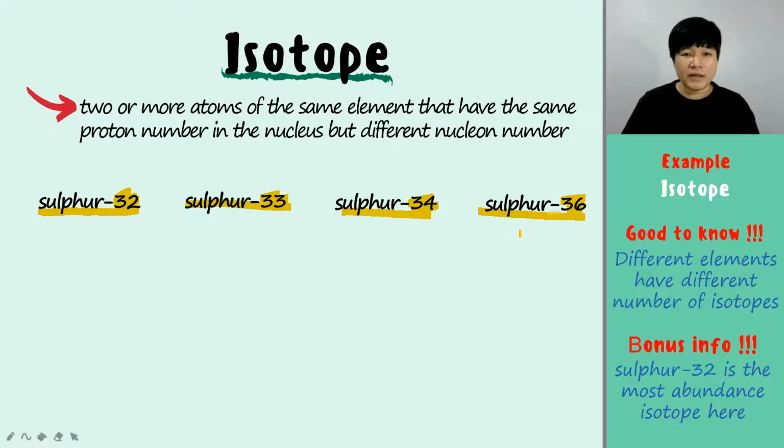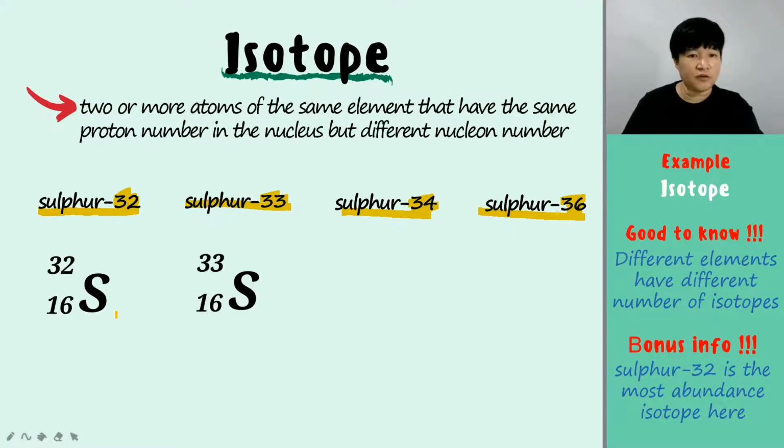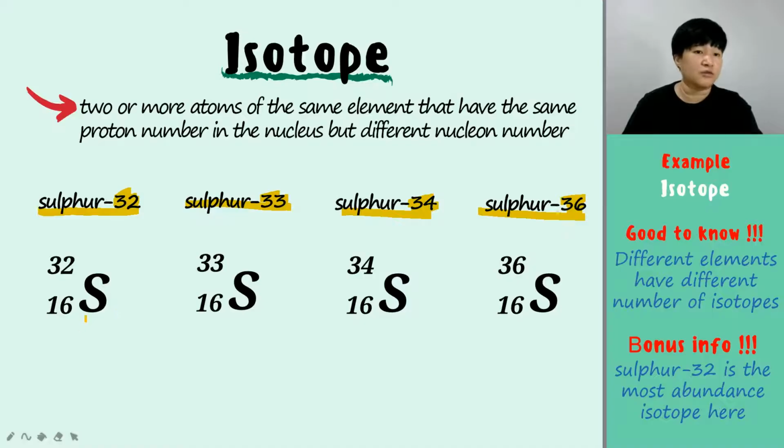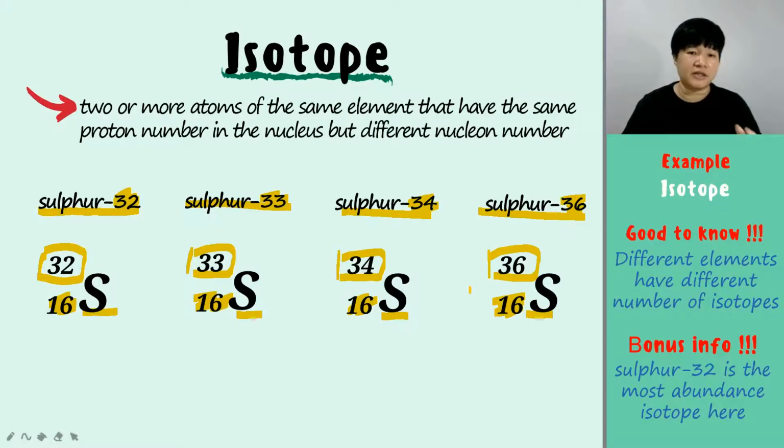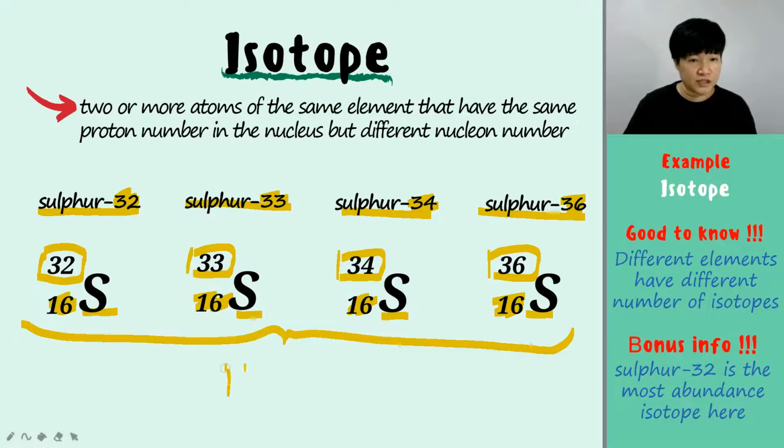So right now, sulfur has 4 isotopes, and the isotope notation for each and every one will look something like this. The element is the same. Everybody is sulfur. The proton number also is the same because sulfur proton number is 16. But the nucleon number is different. The nucleon number between each and every one of these sulfur right now is different. Therefore, they are isotopes to each other.